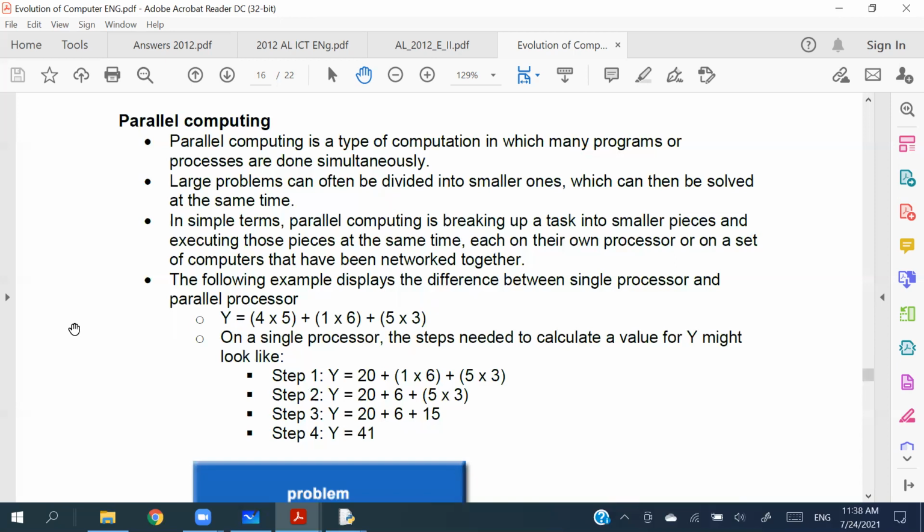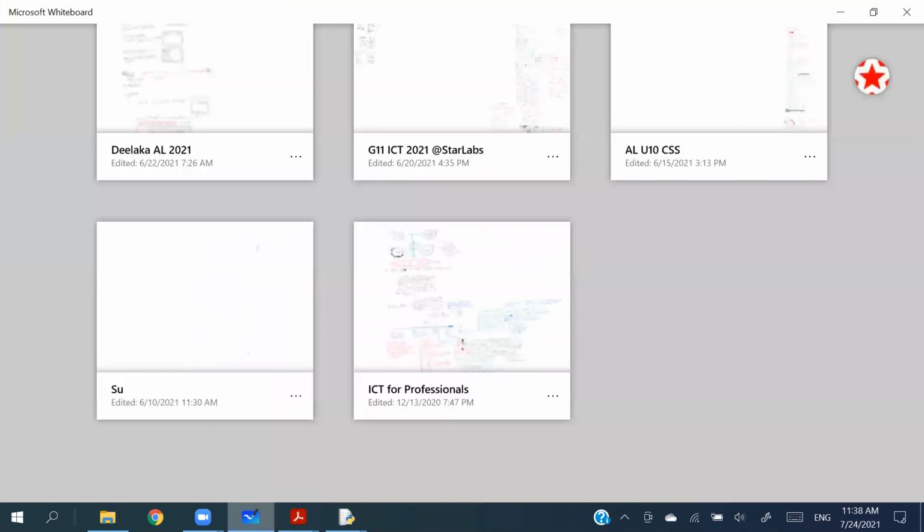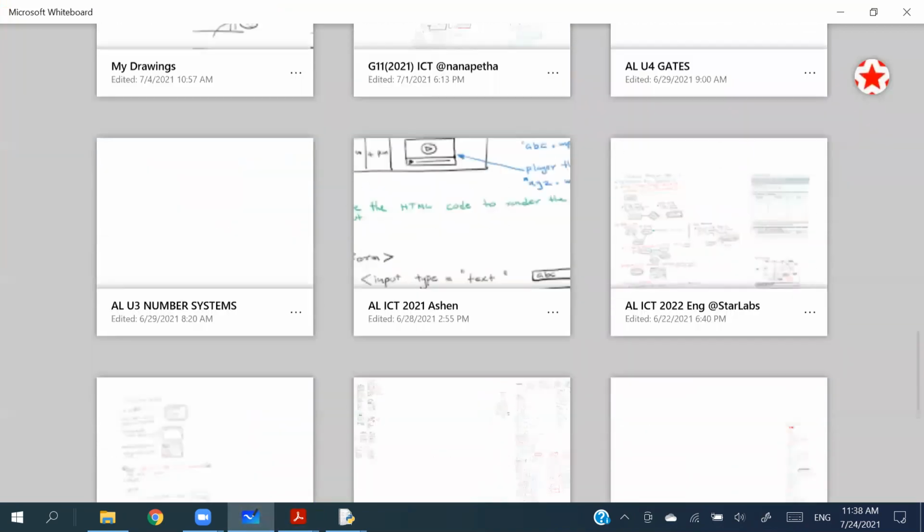So it shows you how a modern processor is going to solve its matter, like it's going to execute things inside it, right? So generally, let me take the whiteboard.